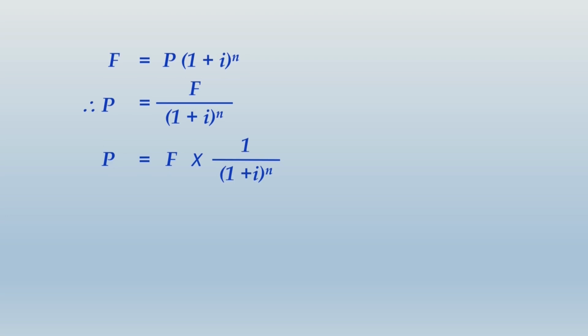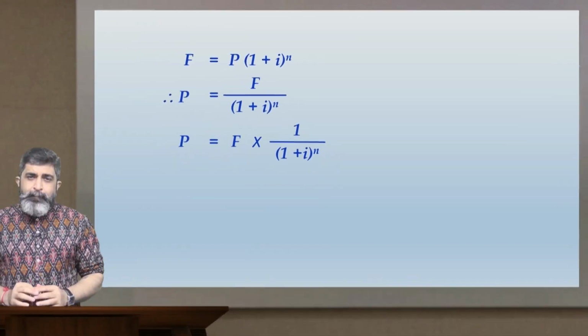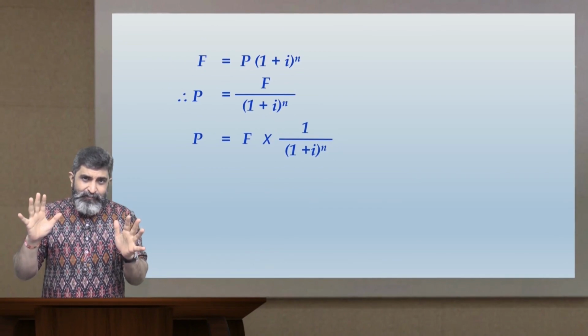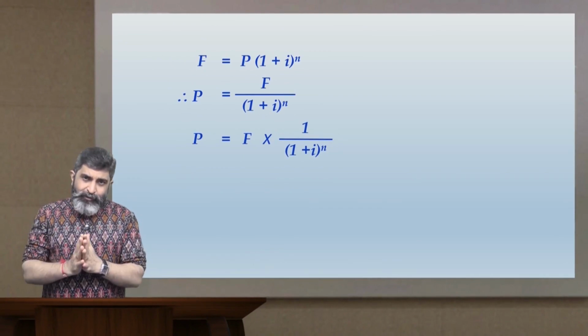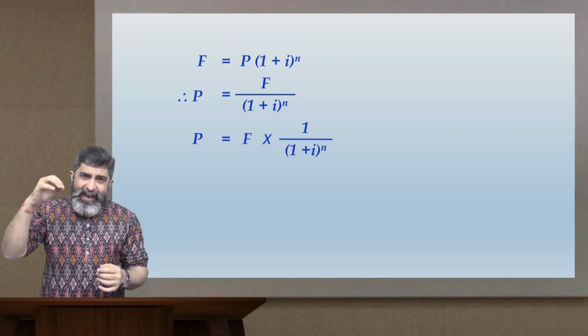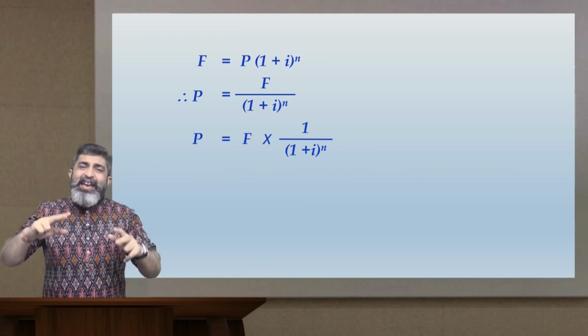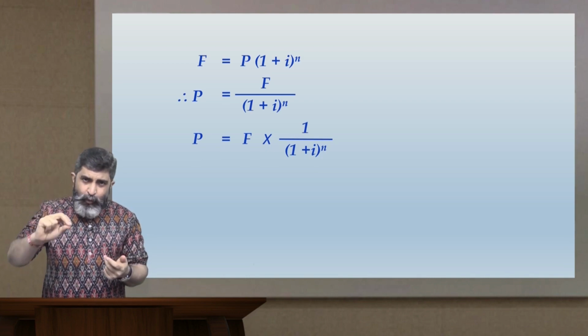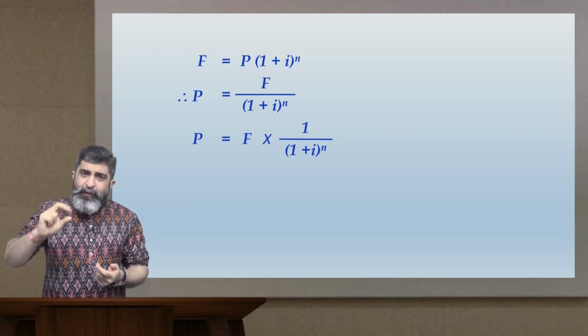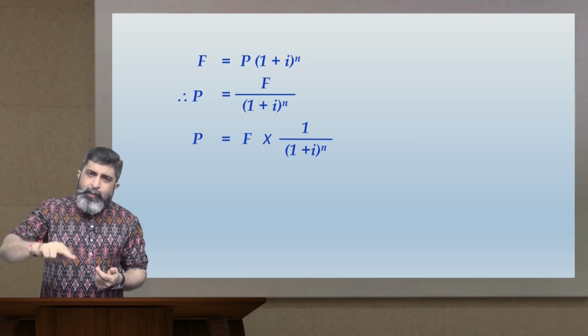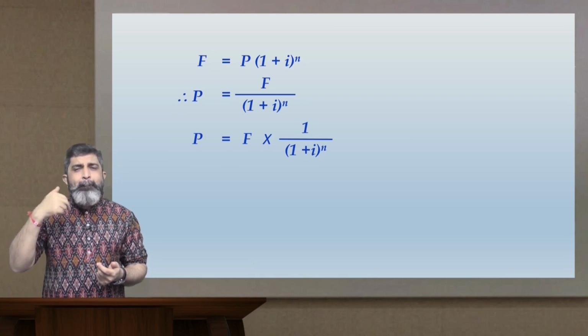Now over here, during the school days, again in your mathematics, you would have learned one very important thing about indices and exponent values. If I write 1 upon x raised to n, it is indicating the inverse of x raised to n, and the inverse of x to the power n can also be written as x to the power minus n.